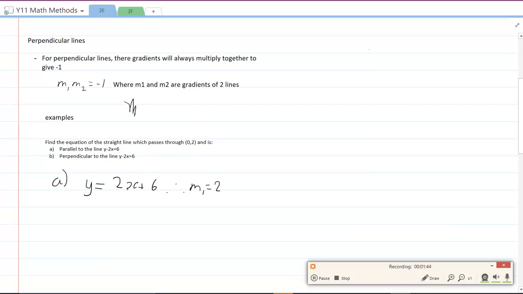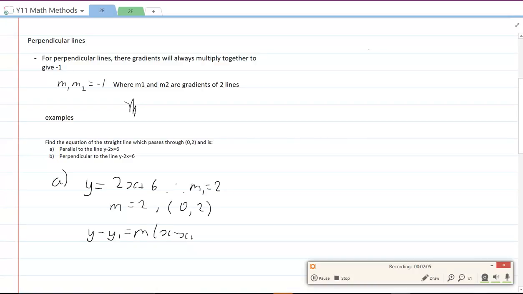So you've got a line with gradient m equals 2 passing through the point (0, 2). You've got a point and the gradient, so we just use the point-gradient formula from our last class: y minus y1 is equal to m times (x minus x1).